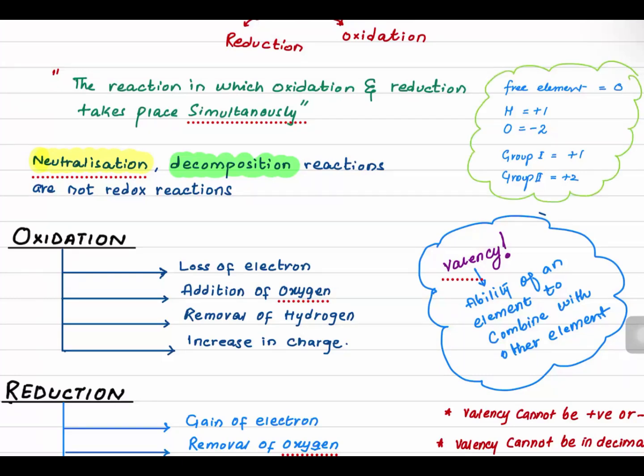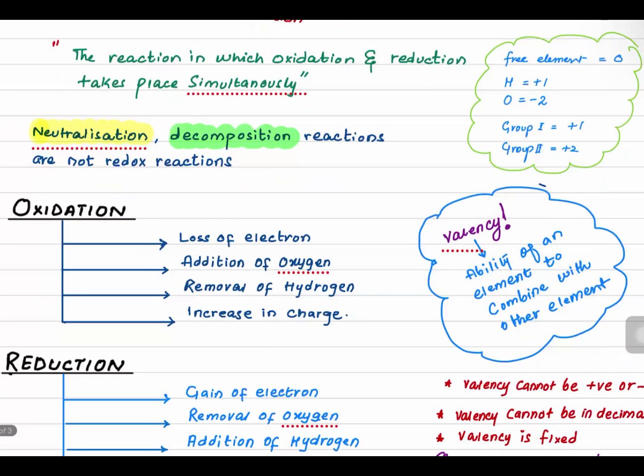Let's discuss some questions so that we can apply all the definitions of oxidation and reduction. Let's suppose we have this question: sulfur reacts with oxygen to form sulfur dioxide.